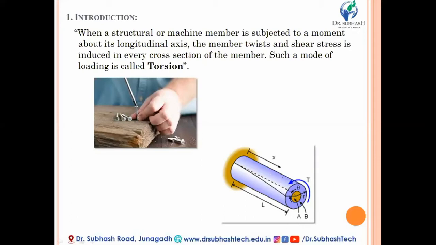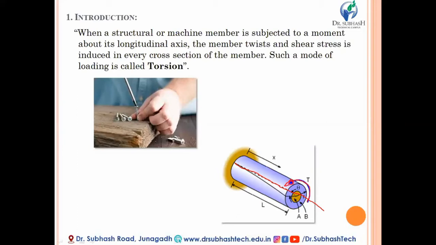The basic condition to set up torsion in any rotating component like a shaft is that the torque should be applied, and the application of torque is always perpendicular to the axis of the shaft. Look at the bottommost diagram. There is a circular shaft, and this is the geometrical axis. Whatever torque is applied at the end of the shaft is always perpendicular to the geometrical axis of the shaft.